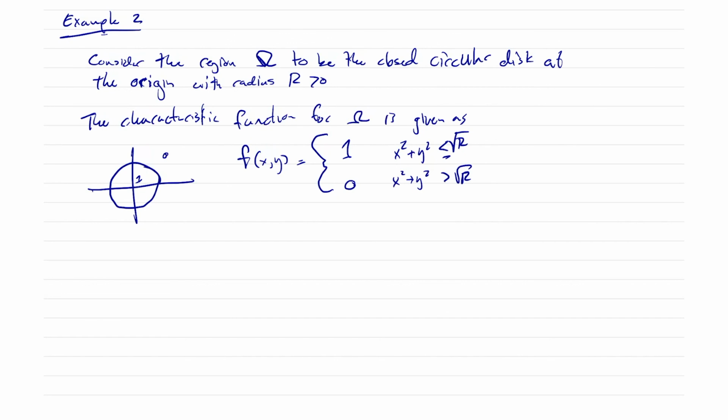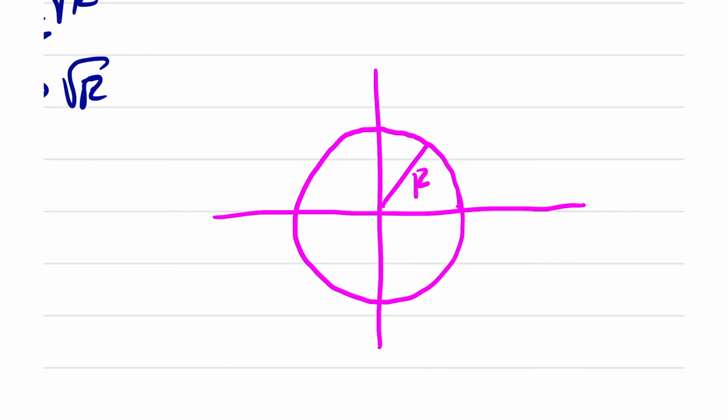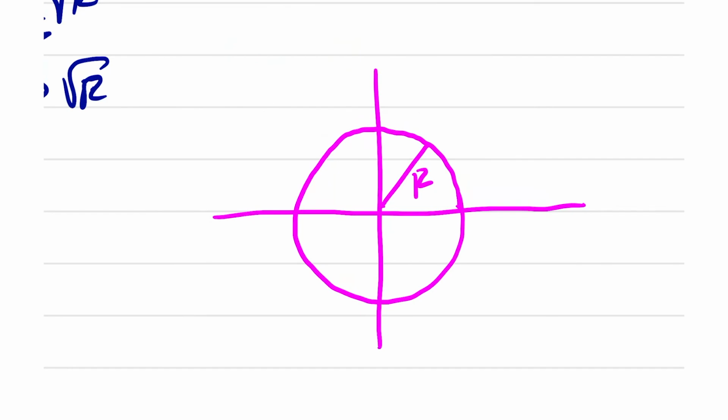Okay, so now let's go ahead and start talking about the Radon transform, R of f at (t, theta). Some things we can say: let's draw this again. We have a circle of radius r here. When we're talking about the Radon transform, we're given first a t value and an angle.